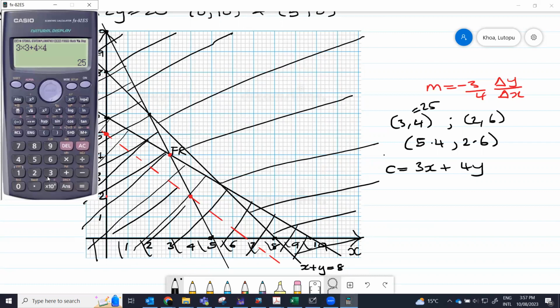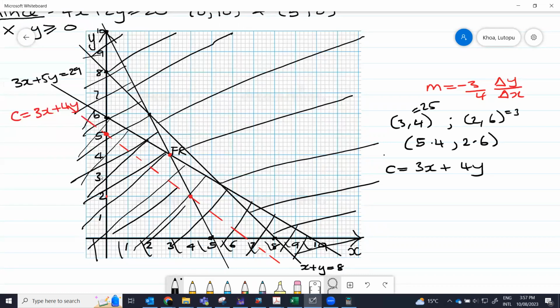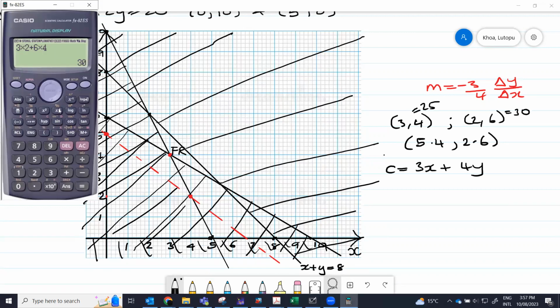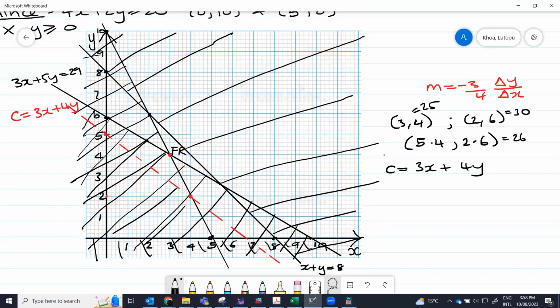Then we have this one, 3 times 2 plus 6 times 4. This one gives us 30. And then we have 3 times 5.4 plus 4 times 2.6. Okay, this gives us 26.6.